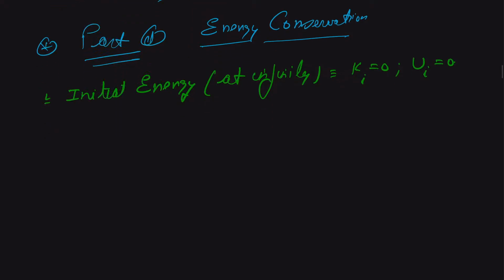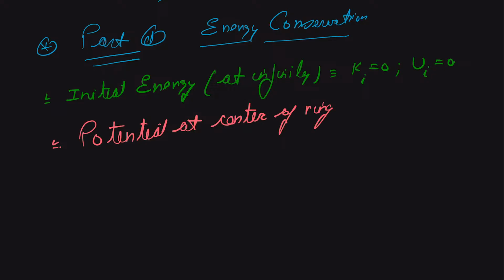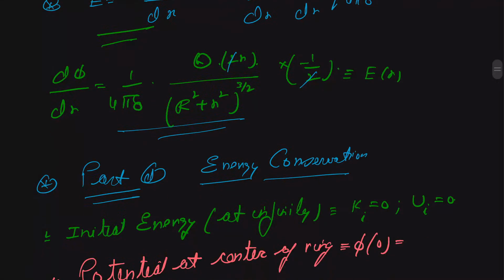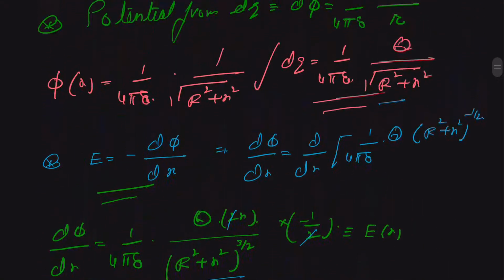And we know the potential at the center of the ring, which we already know. The potential at the center of the ring is phi 0, and at the center of the ring we can easily put the value x equal to 0 in our potential equation.